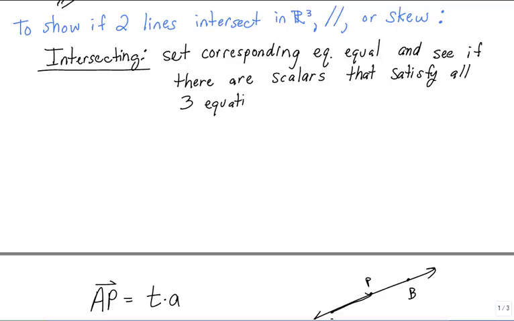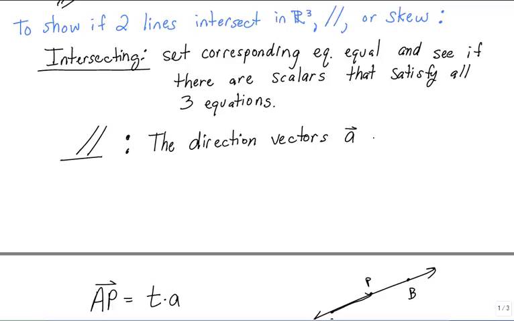What I'm talking about is the three parametric equations, x, y, and z. If they're parallel, the direction vectors, a, for each one, must be parallel. So that means they are scalar multiples.